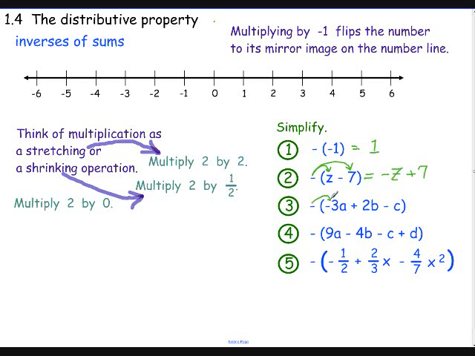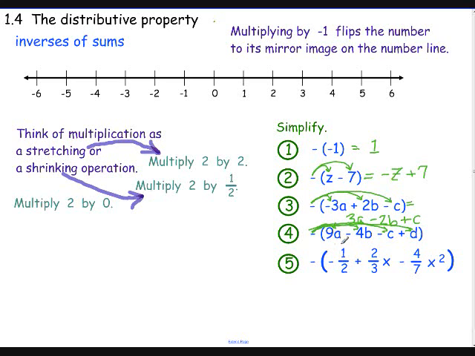What happens with this one? I'm going to distribute that negative to all terms within the parentheses. And I'll have a positive 3a, a negative 2b, and a positive c. I'll do that on this one, which has even more terms to consider.